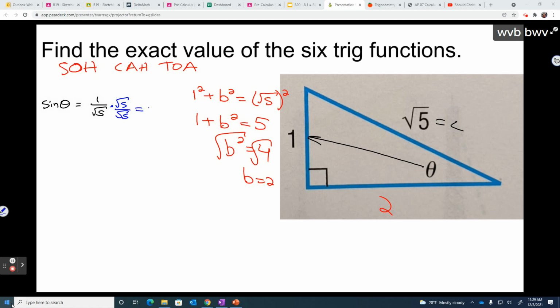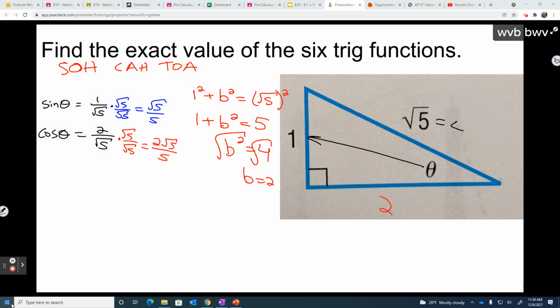So it becomes radical 5 over 5. Cosine, same deal, except it's adjacent. The adjacent side is 2. So 2 over square root of 5. We do the same thing, we just multiply by radical 5 over radical 5. 2 radical 5 over 5.